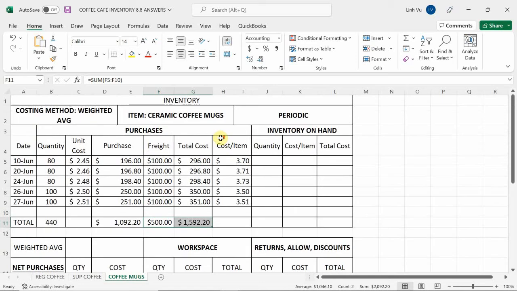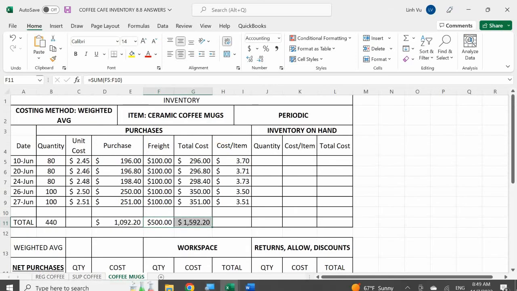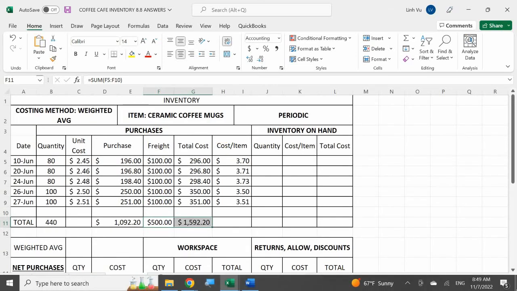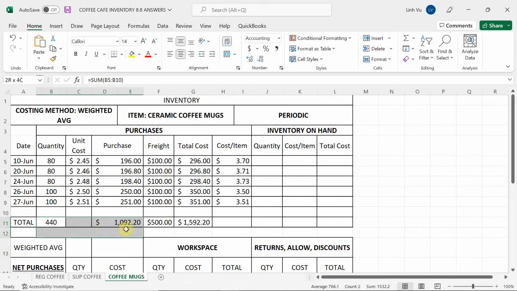Now let's take a look here. Which costing method are we using to calculate this? We're doing periodic, but which costing method? Okay, we're going to do 1,592.20 divided by 440.